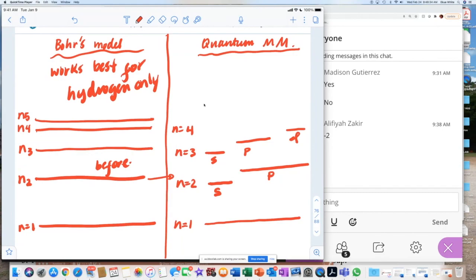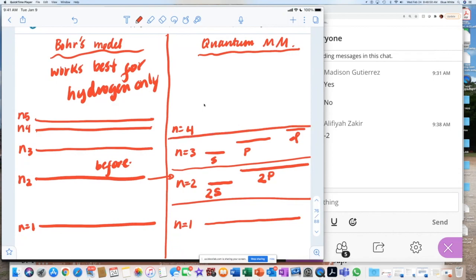So now energy level 2 has a 2s sublevel and a 2p sublevel. To get the whole energy level 2, you have to consider both 2s and 2p, if that makes sense, right? Together, 2s and 2p make up energy level 2.